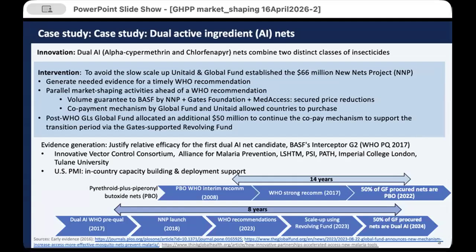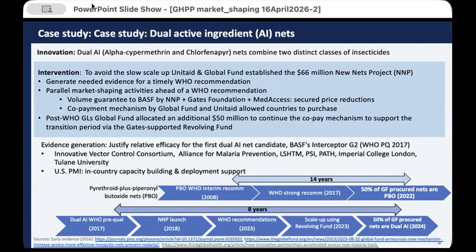Then the countries could now basically transition at scale within the existing budget envelopes. Demand for dual AI nearly doubled in the Global Fund grants. The sequencing here, running evidence generation, price negotiations, co-payment support, and transition funding in parallel rather than in series, shortened the time to scale.